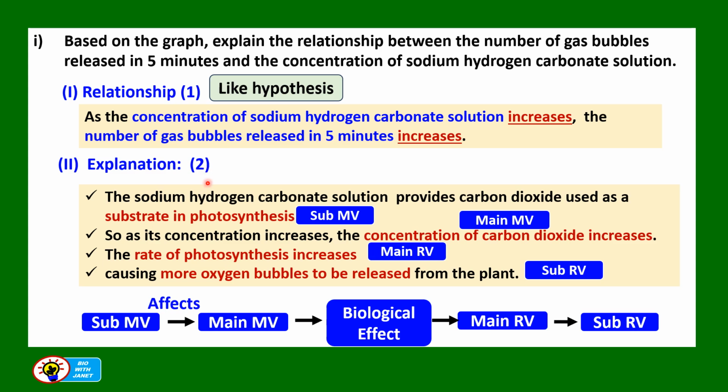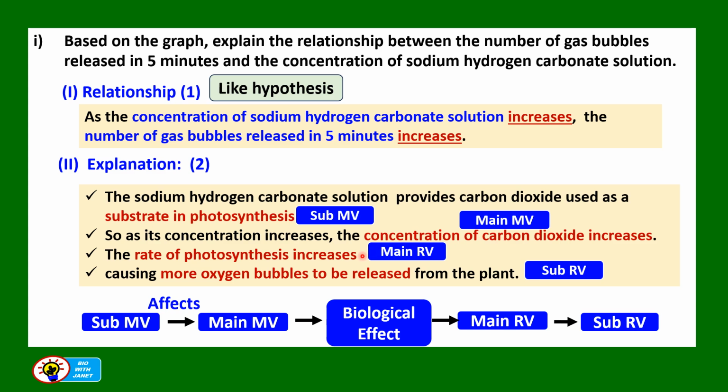Now, explanation. The sodium hydrogen carbonate solution provides the carbon dioxide used as a substrate in photosynthesis. Therefore, as the concentration of sodium hydrogen carbonate solution increases, the concentration of carbon dioxide will also increase, right? Because the sodium hydrogen carbonate releases the carbon dioxide for the plant to use.